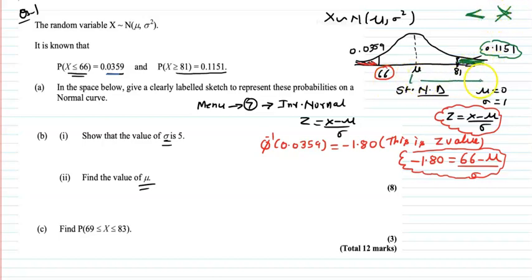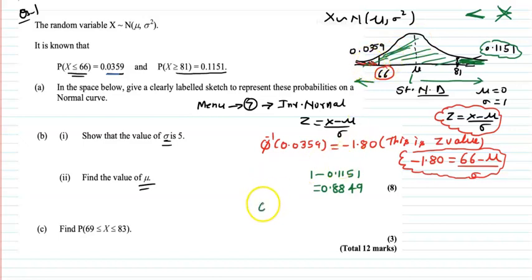And this whole area is 1. So from 1, if you take away 0.1151, let's take 1 minus 0.1151, we get 0.8849. So we are taking this whole area below.